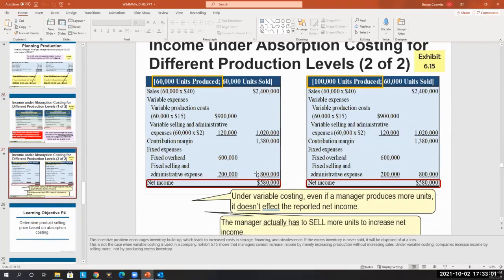Professor? Yes. So when it comes to actually keeping track of the data and all of that, when do we know which one is which? Like raw material or direct labor, all those things.